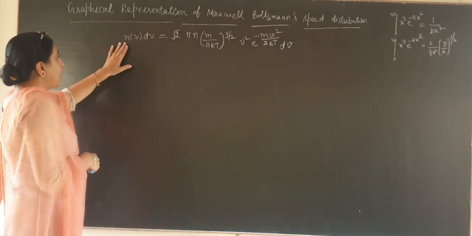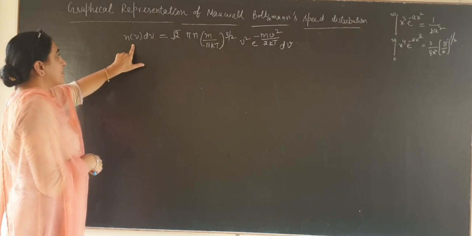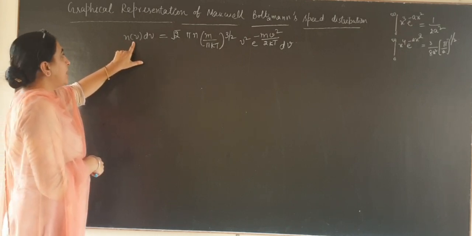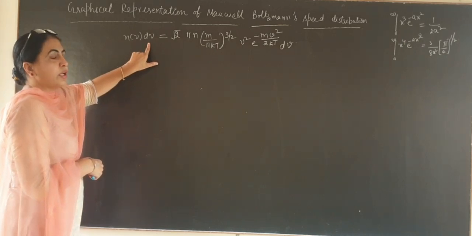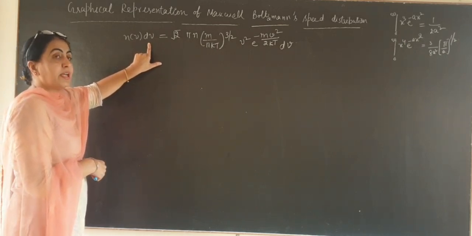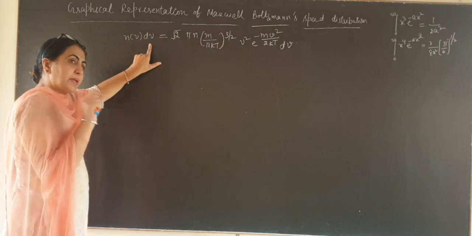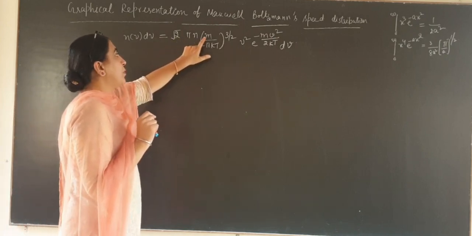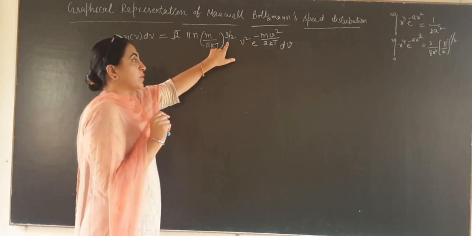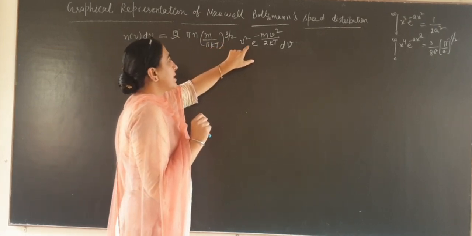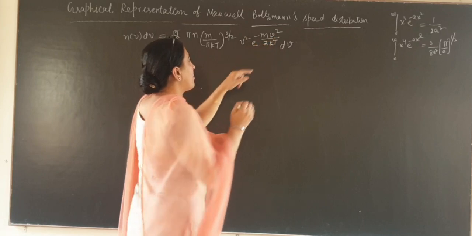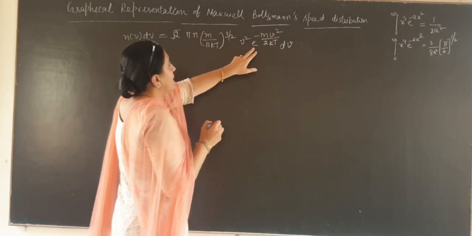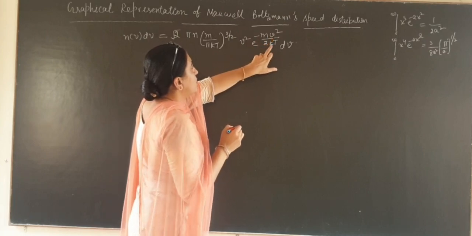So we know that n(v) dv is the number of molecules having speeds between v and v plus dv, and it is equal to under root 2 pi n, m over pi kT raised to power 3 by 2, v square e raised to power minus m v square over 2kT dv.